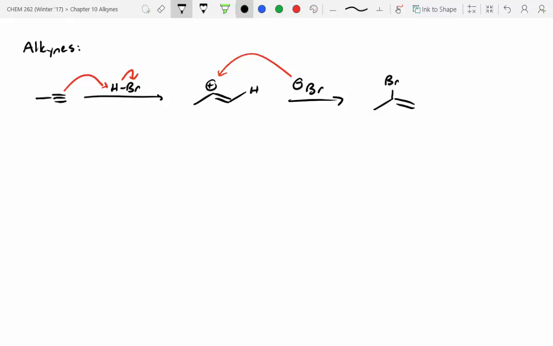Unfortunately, this isn't what happens. This is called a vinylic carbocation, and it is not observed. And so the reaction actually does not proceed through this mechanism.